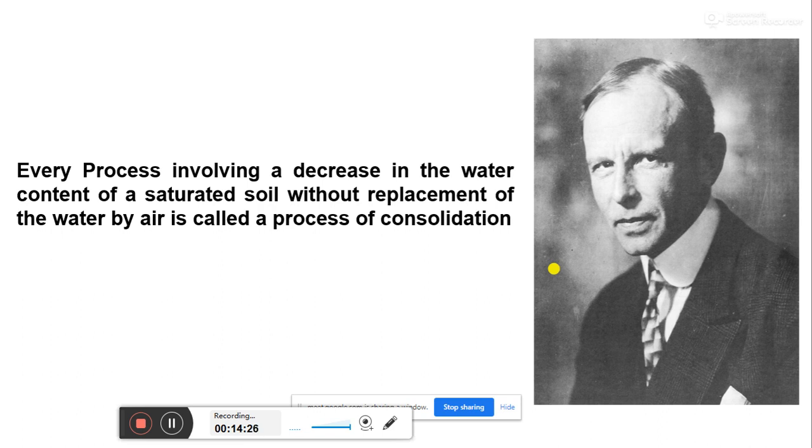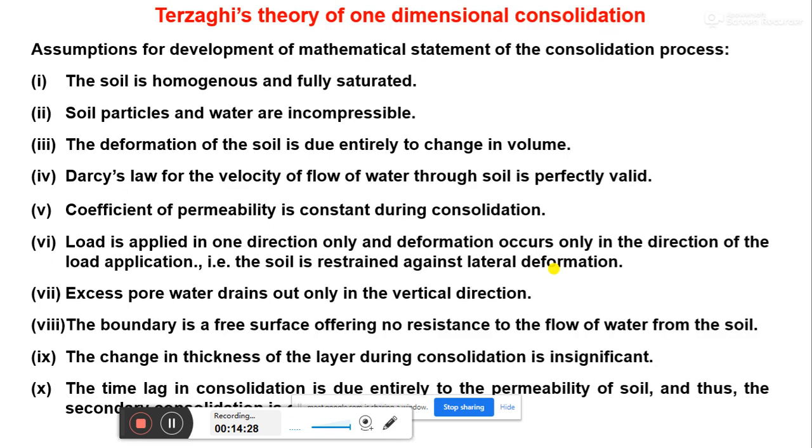And as per any basic syllabus, we should go through Terzaghi's theory of one-dimensional consolidation. For this theory, Terzaghi in 1923 takes some assumptions to simplify the theory, for the development of a mathematical statement of the consolidation process.